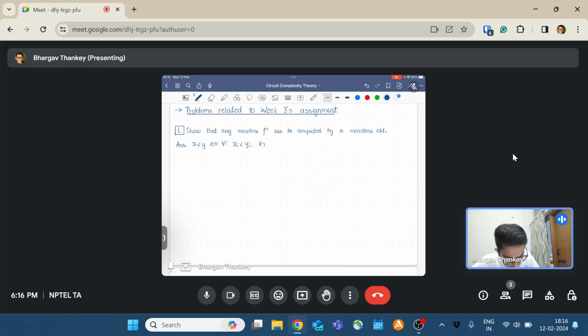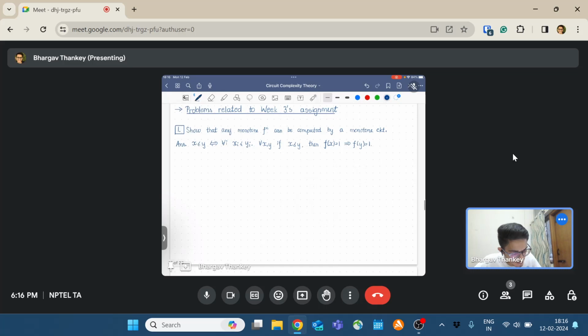For all x, y pairs, if x is less than or equal to y, then f of x is 1 implies f of y is 1, right? So this is just the definition of a monotone function, and now we can start constructing the circuit.